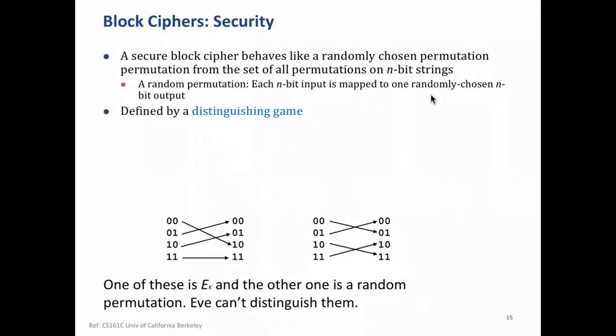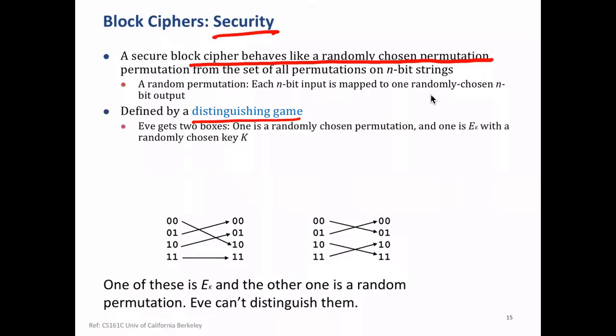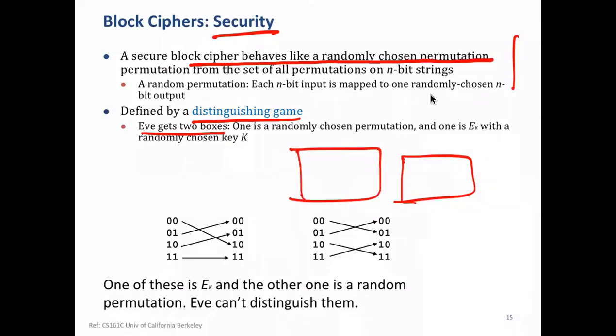So now we can say that it's secure if it is defined by a distinguishing game. Basically, a secure block cipher behaves like a randomly chosen permutation. This is of course the definition, and the distinguishing game is that Eve, who is somebody in between, gets two boxes.